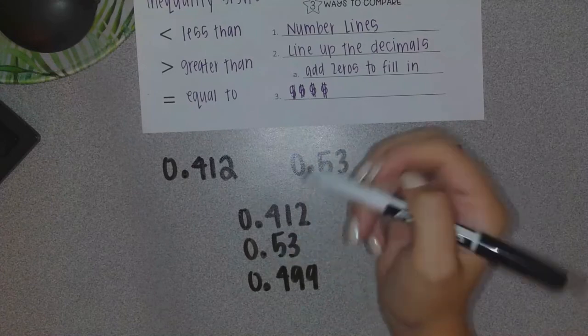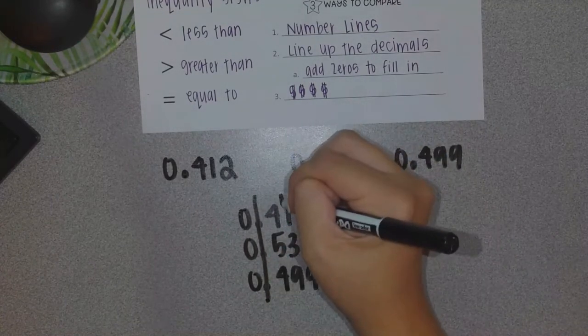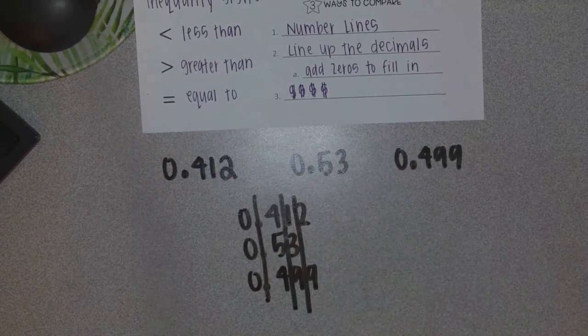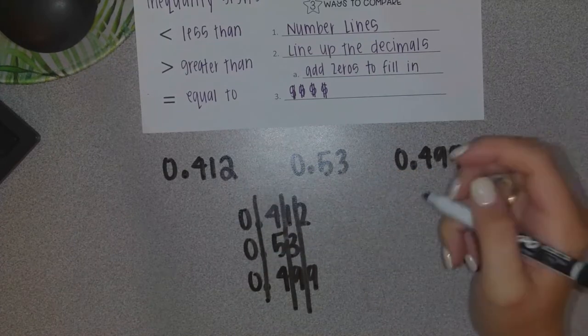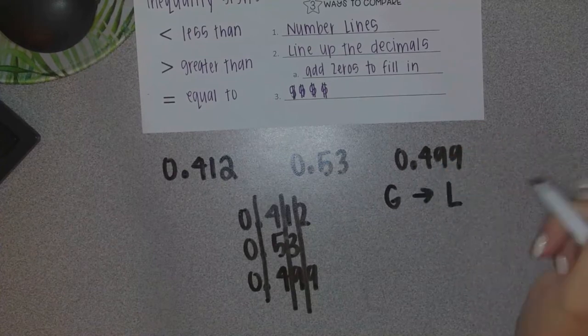If I've done it correctly, I should be able to draw a line in between each of those numbers. Now, that gets a little messy. You don't have to do that every time, but I'm going to do it on our example here. Let's say I wanted to put these numbers in order from greatest to least.